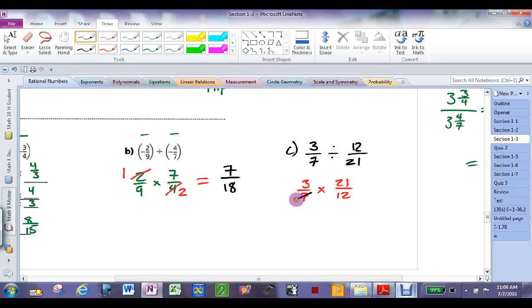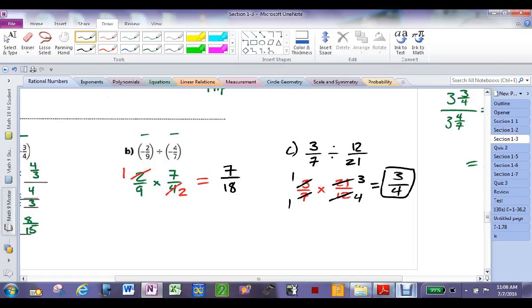Yes, so you can cross off 7 and put a 1. You can cross off 21 and put a 3. And then 4 and 12 and 3 go together. You can cross off 3 and put a 1. And you can cross off 12 and put a 4. And you do 1 times 3 is 3. And put 4. Done. Is it positive? Of course it is, because they're the same sign.